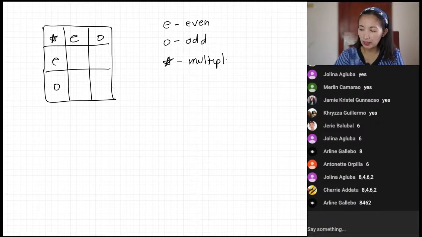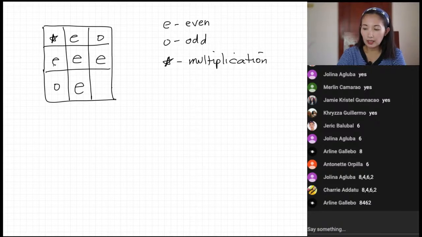So I'm revealing it now. When you multiply an even number with an even number, the result is even. An odd with an even is even. An even with an odd is even. And when you multiply odd and odd, that's the only time you get an odd number.